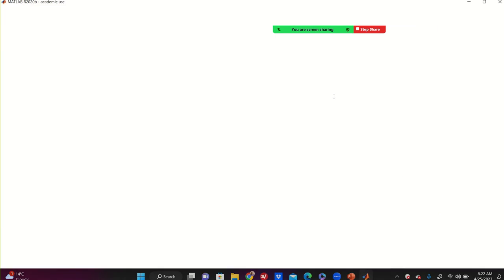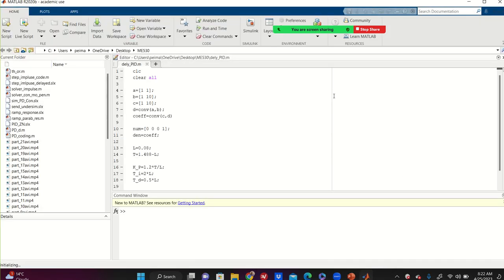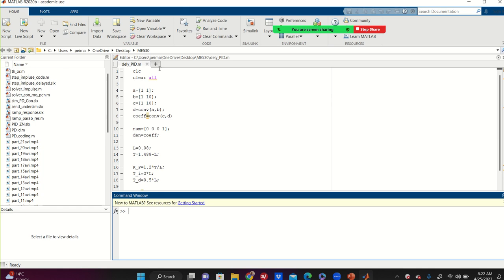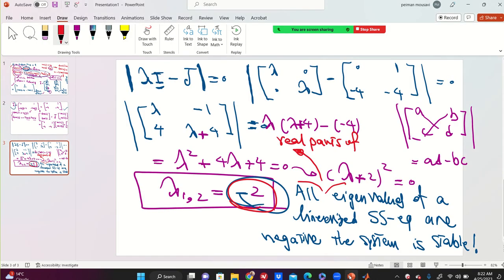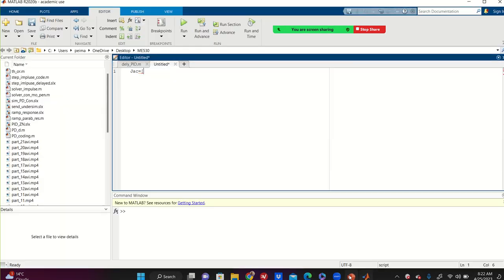Even symbolically, okay. First of all, let me open a new file. Suppose our Jacobian that you calculated by hand was 0, 1, and minus 4, minus 4.